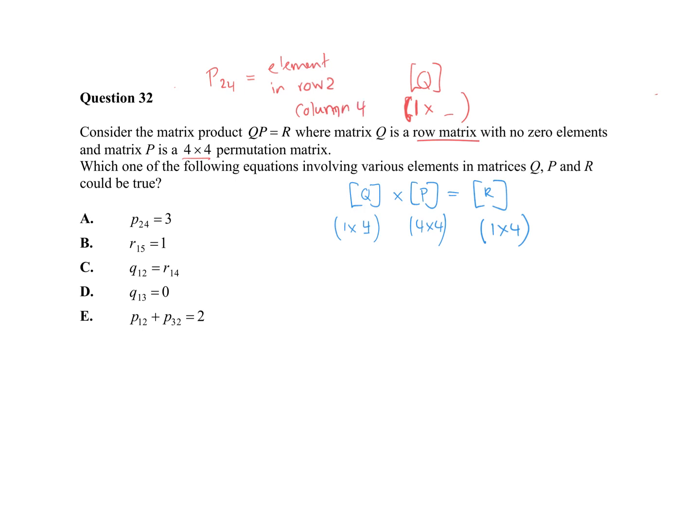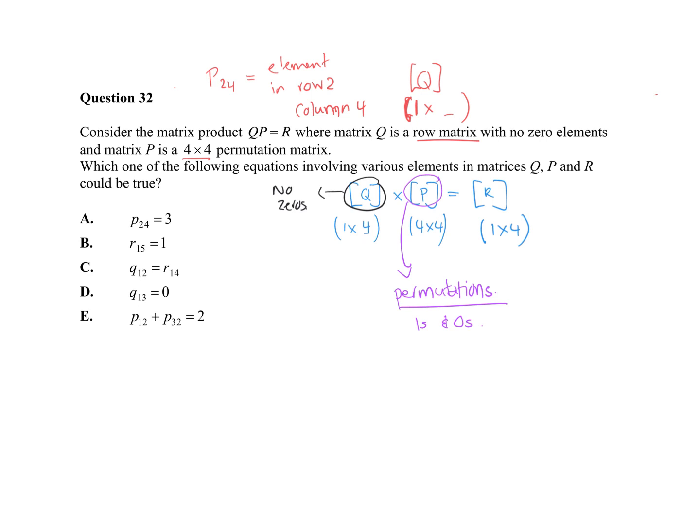Okay? So that's what it's telling you. So remember that Q had no zeros. But remember, P is a permutation matrix. Think about the facts of a permutation matrix. It only has 1s and 0s, yes?